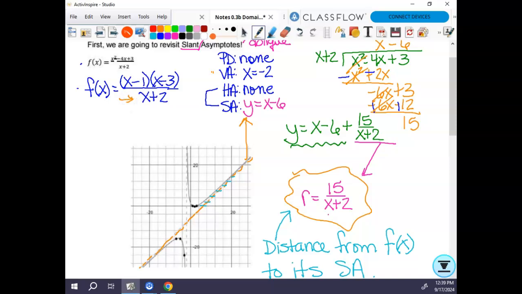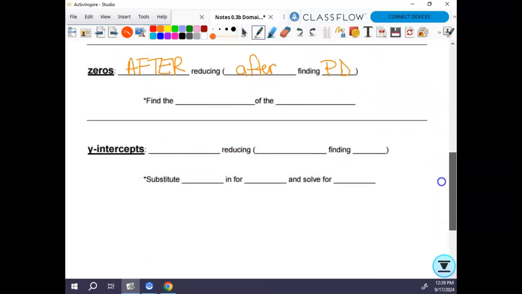We took whatever makes my denominator zero. The zeros of the function are the zeros of the numerator. Okay? Because the denominator zeros are going to give me vertical asymptotes, or holes if I canceled stuff out. But I have to do this after reducing so that I don't use a hole as a zero when it actually would have been a hole. Okay? We good with that?